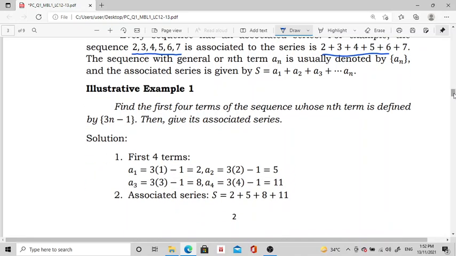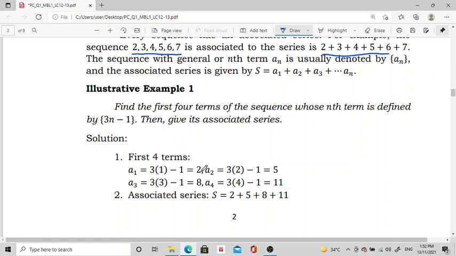Halimbawa, find the first 4 terms of the sequence whose nth term is defined by 3n minus 1. Itong 3n minus 1 dito, ito yung sinasabi nating general or nth term. So we will evaluate this at 1, 2, 3, at 4 dahil hinihingi sa atin are the first 4 terms.